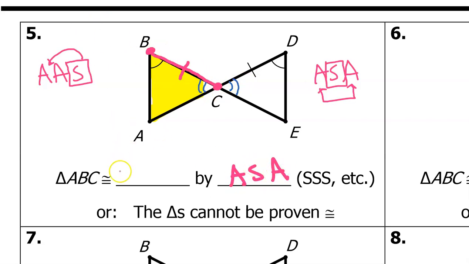Now we can go ahead and make the congruence statement. All right, well, I see A is first. A is the blank angle, so it corresponds with E. So E goes first. Next is angle B, which is a single swoop. That corresponds with angle D. So now I have E and D, that only leaves angle C.